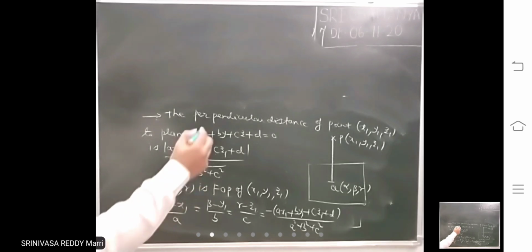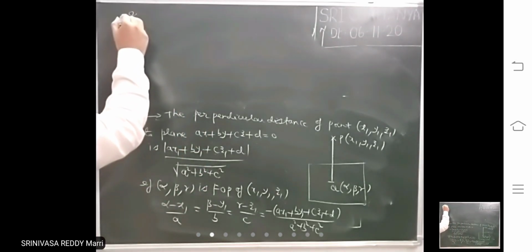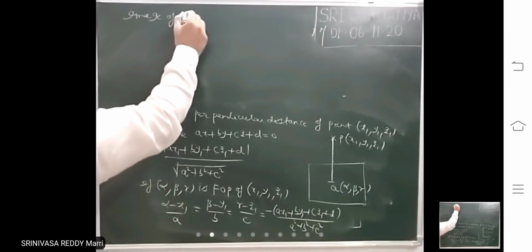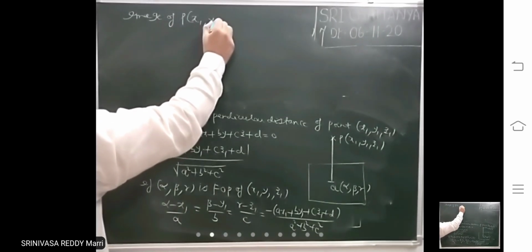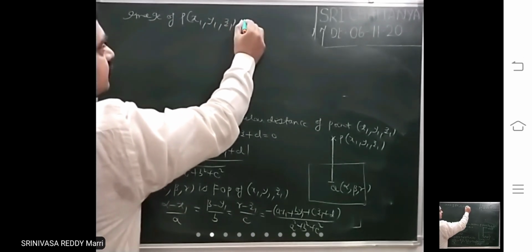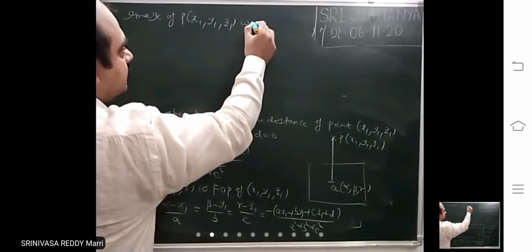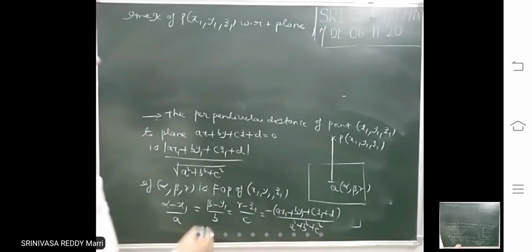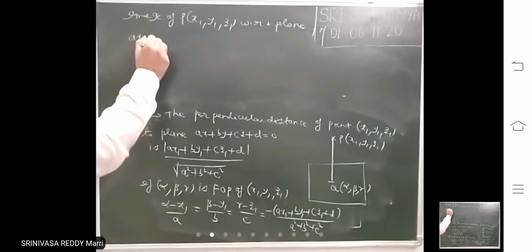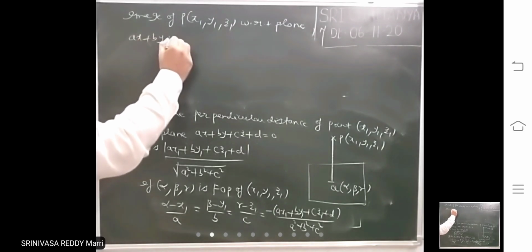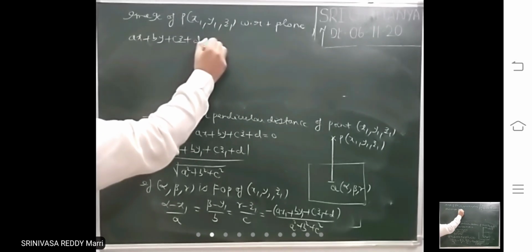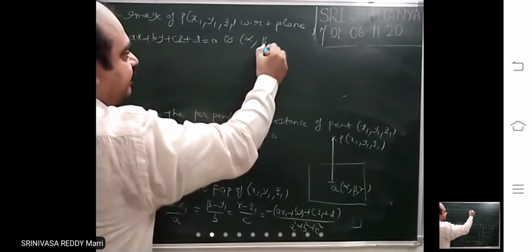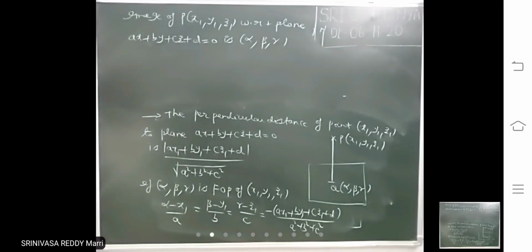Look at the image. Image of the point (x1, y1, z1) with respect to the plane ax plus by plus cz plus d equal to 0 is, let us say, (alpha, beta, gamma).